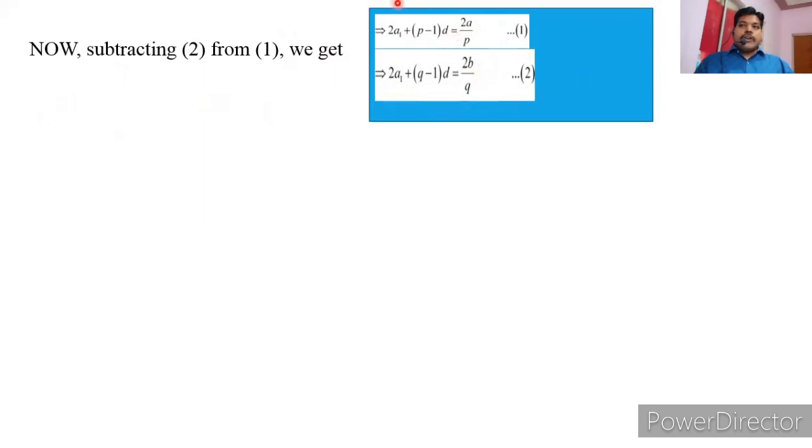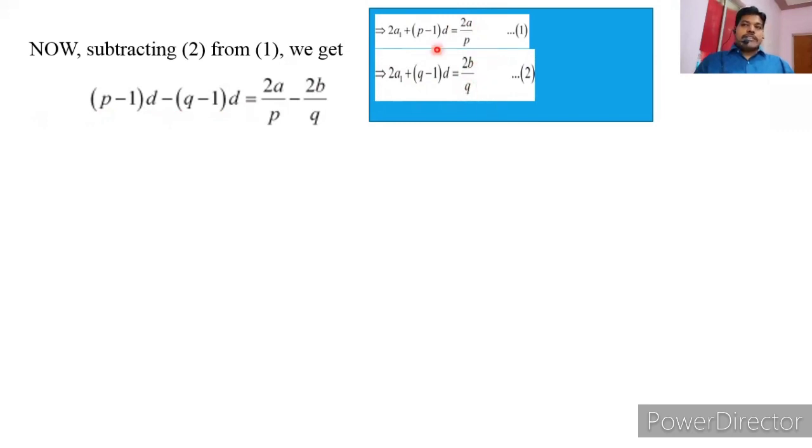What happens? 2a1 will be cancelled directly. Now subtract 2 from 1: 2a1 minus 2a1 cancels. Take the difference of these two terms: (p minus 1) into d minus (q minus 1) into d is equal to, in the RHS side also take the difference, 2a by p minus 2b by q.